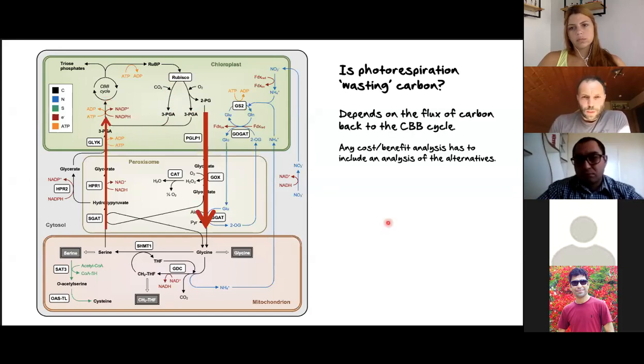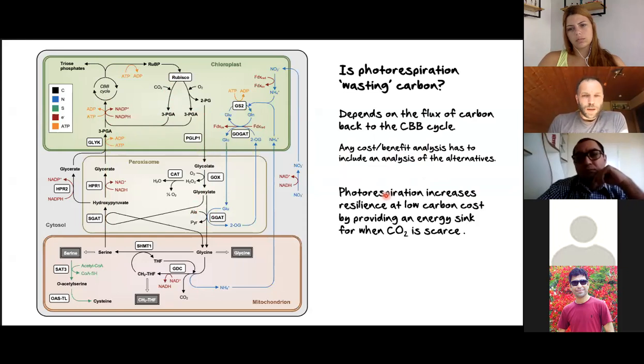So is photorespiration wasteful? Well, it depends, and I think any cost-benefit analysis has to include a detailed view on those fluxes. But what I'd like to point out here as well is that photorespiration has also some other positive benefits. Most of fixing CO2 requires electrons in the form of NADPH and ATP. So as CO2 is being fixed, light energy can be utilized.